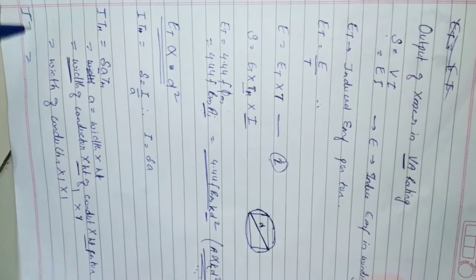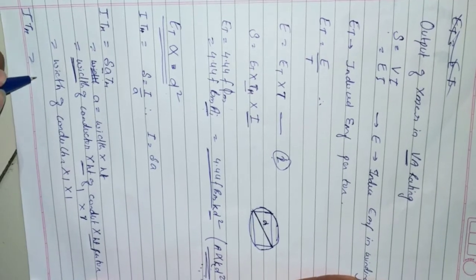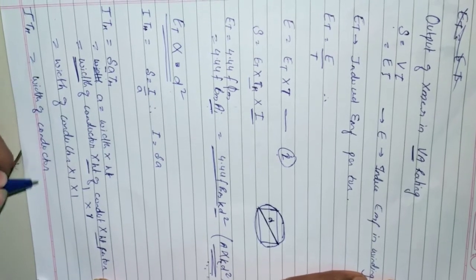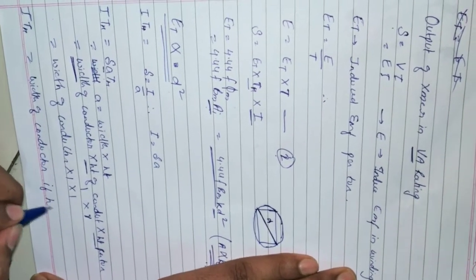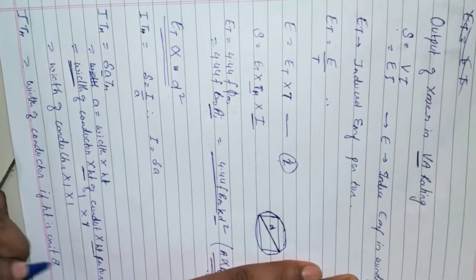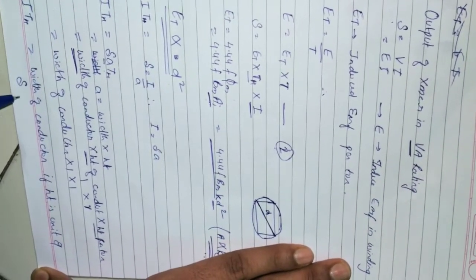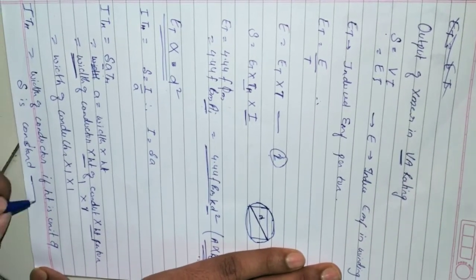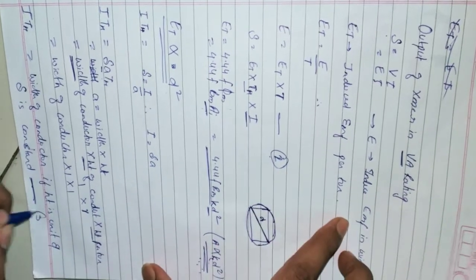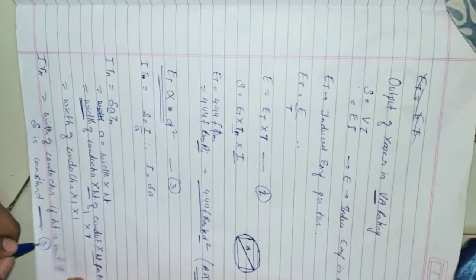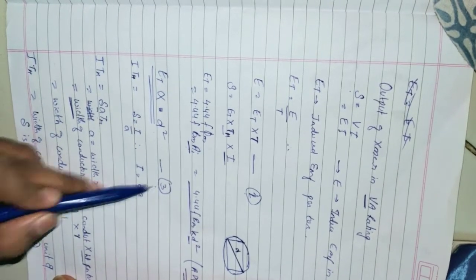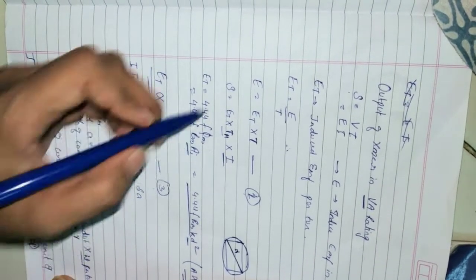So I TH we can write as width of conductor if height is unity and current density is constant. Okay, so this will come as equation number 3, sorry, it will be 4. Now we have to substitute our equations 3 and 4 in our output equation.